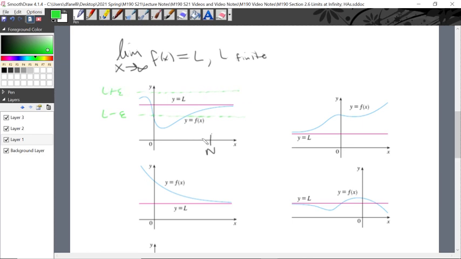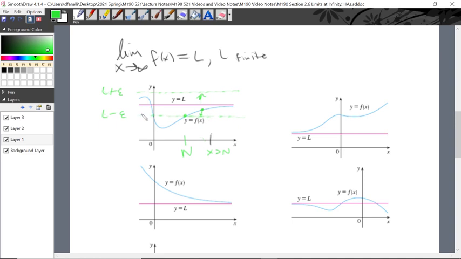So what we're saying is that for any n that we were to select, for every value of x that is greater than that n, you're going to see that the resulting function is bounded between the floor and the ceiling, L minus epsilon and L plus epsilon.